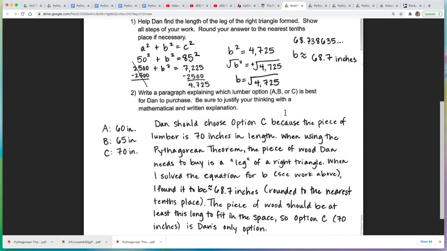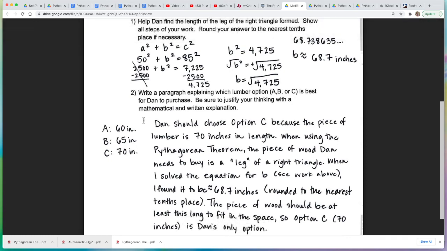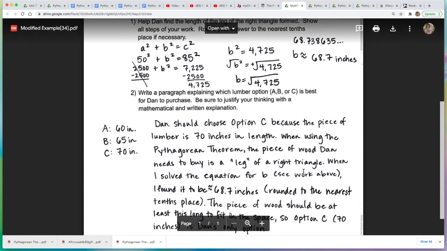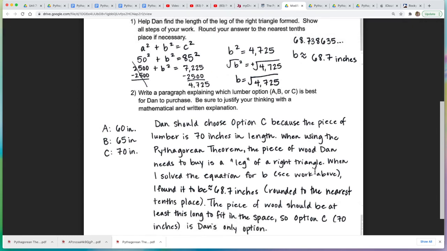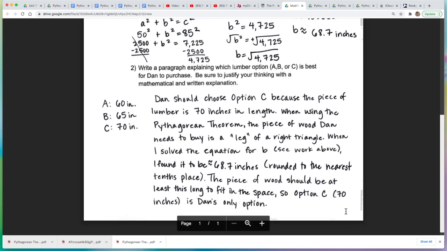And then I found that the leg was 68.7 inches, and I had to help Dan make a decision of which size of lumber he should buy, A, B, or C. And then I wrote a paragraph and made sure that I justified my thinking with math and a written explanation. So I wrote, Dan should choose option C because the piece of lumber is 70 inches in length.